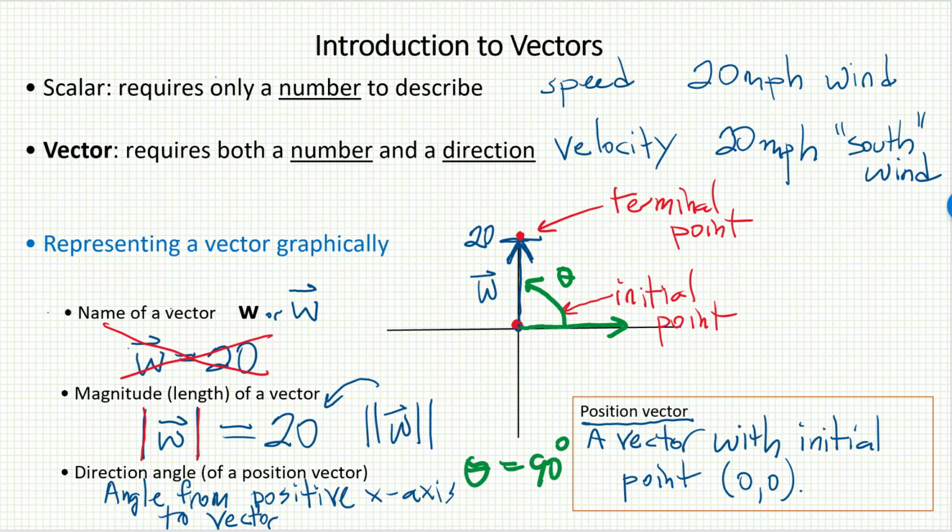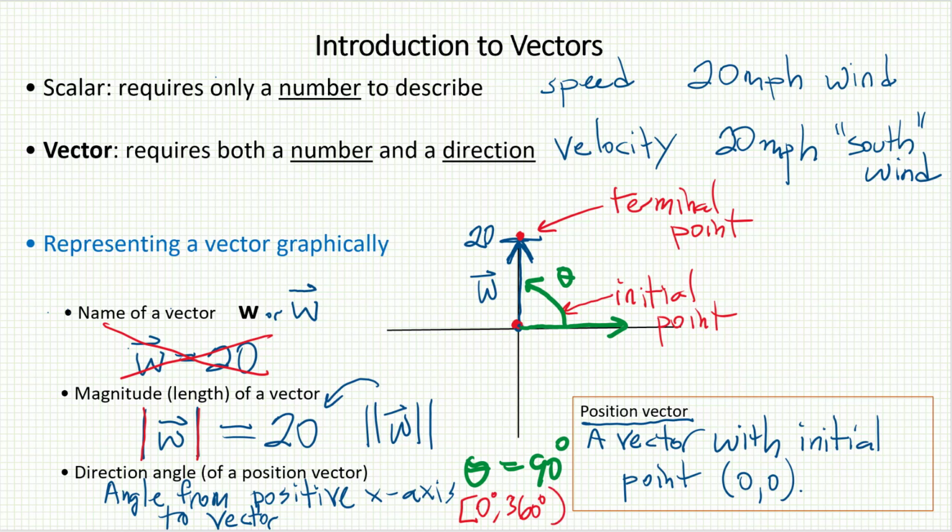We will always measure our direction angles in a positive direction, and we won't rotate around more than once, which means always our direction angles will be between 0 degrees and 360 degrees.